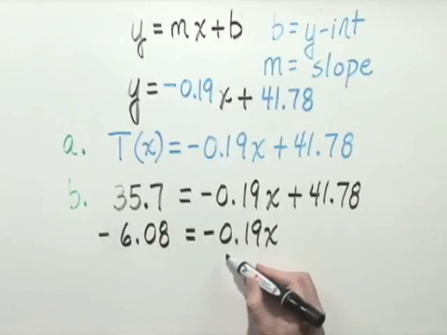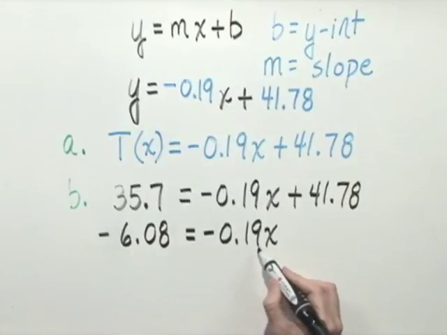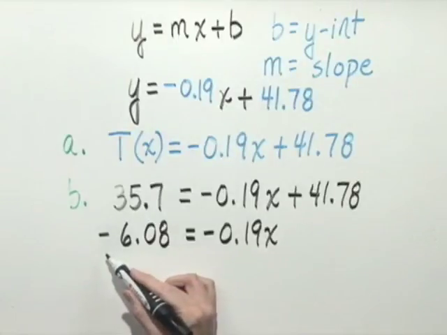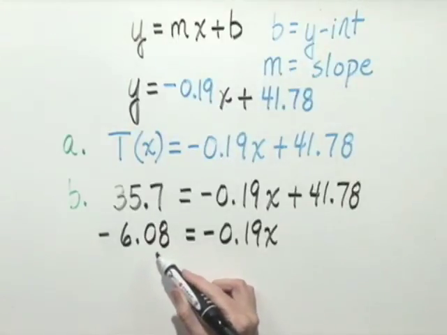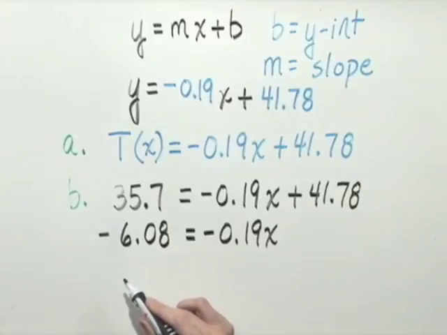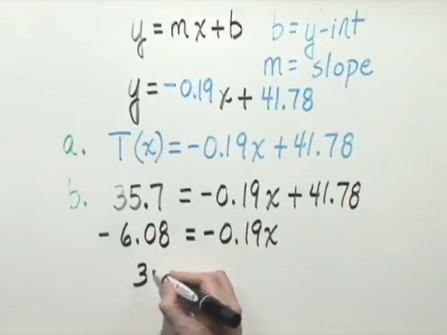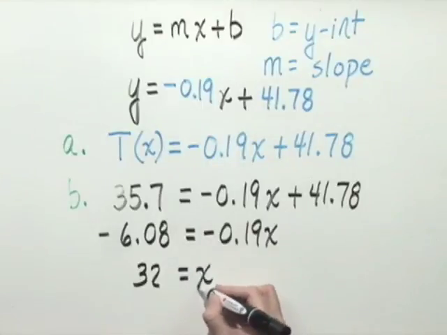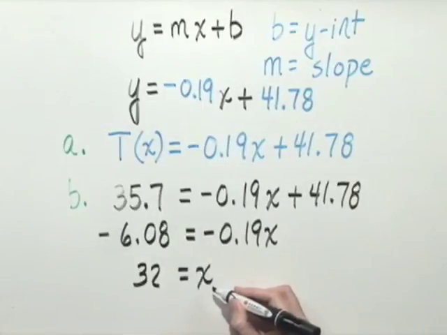And then I can divide both sides of this equation by negative 0.19. When I do, I get negative 6.08 divided by negative 0.19, and that gives me 32. So x is equal to 32, but that's not really the answer to the question.